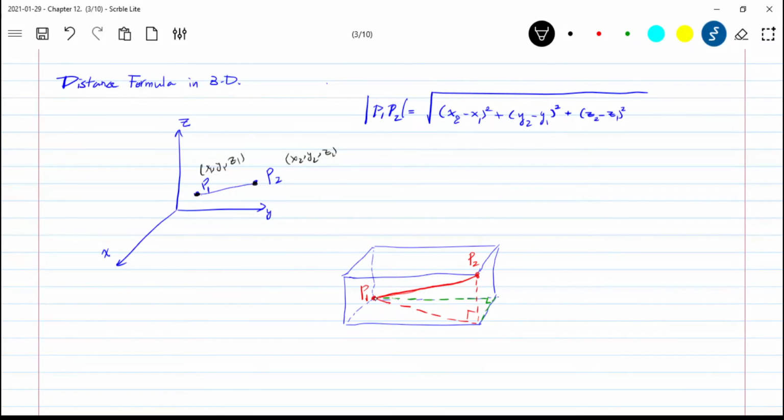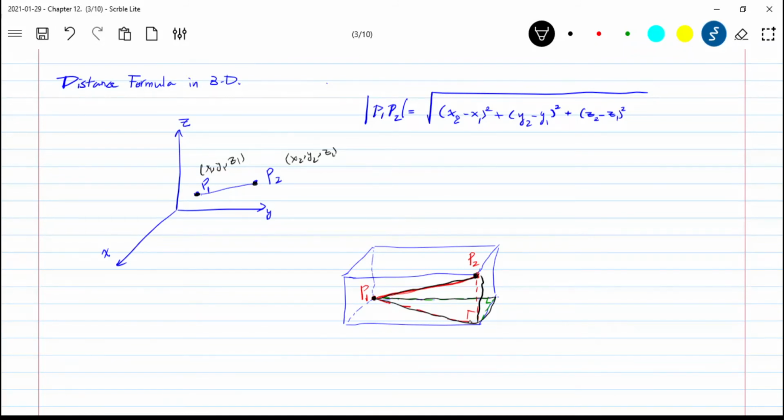They might be somewhere opposite across, maybe if you look at this point and say it has some x and y and z, the other point may have all different x, y, and z values. So you can look at them as being across a box. And how do you calculate the distance from one corner to the other? First you look at this triangle, and then you look at the other triangle.